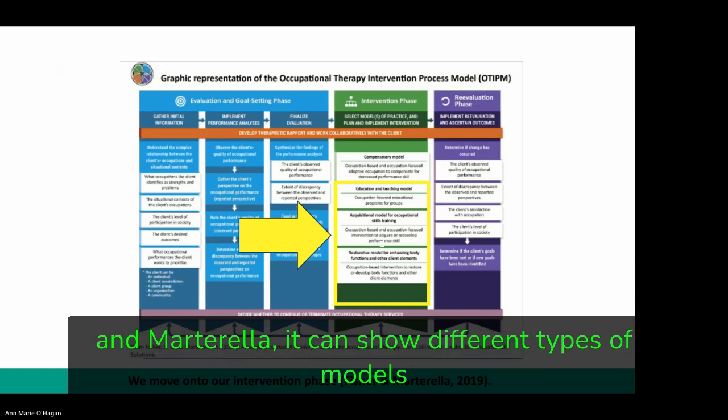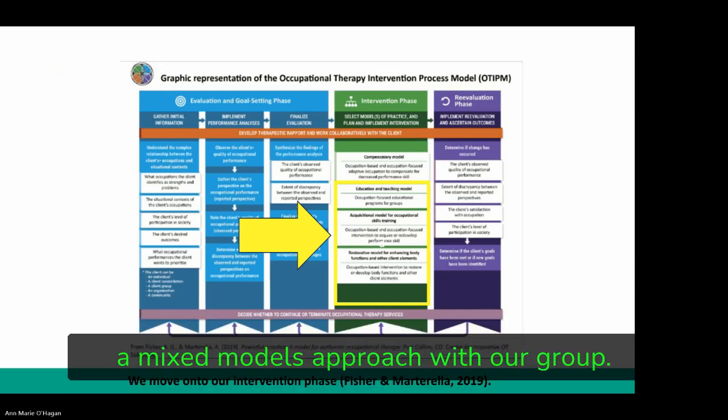It can show different types of models that we used, and we took a bit of a mixed models approach with our group. It was educational, teaching people to improve their health and well-being. It's also restorative, as well as helping our patients acquire new skills or relearn old ones that they might have done. Next slide, please.